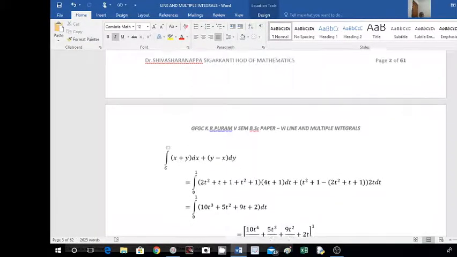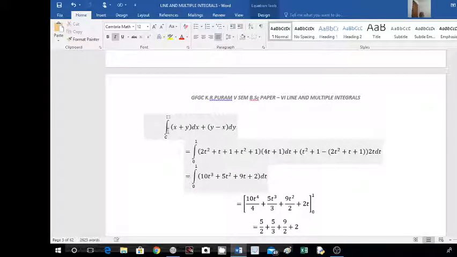Then my integral over C of (x plus y) dx plus (y minus x) dy equals, with limits of t from 0 to 1, x is 2t squared plus t plus 1 plus y is t squared plus 1, into dx, which is (4t plus 1) dt, plus y is t squared plus 1 minus x, that is 2t squared plus t plus 1, into dy, which is 2t dt.